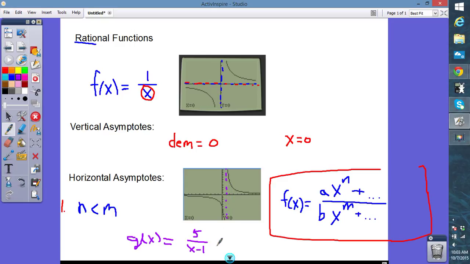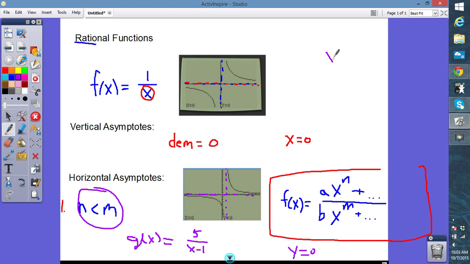Let's check our degree. Degree of the numerator is 0. Degree of the denominator is 1. So we have this situation, n is less than m. We know in that case that our horizontal asymptote is the line y is equal to 0. To graph our function, we'll talk about other things such as y-intercepts and x-intercepts a little bit later.